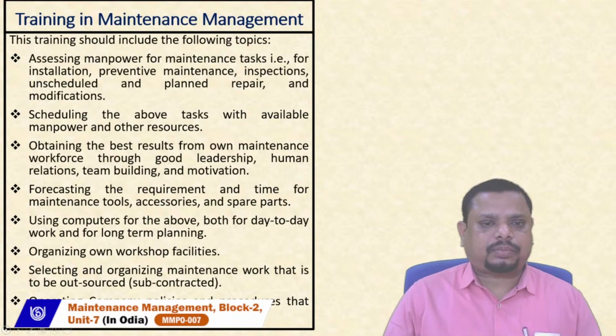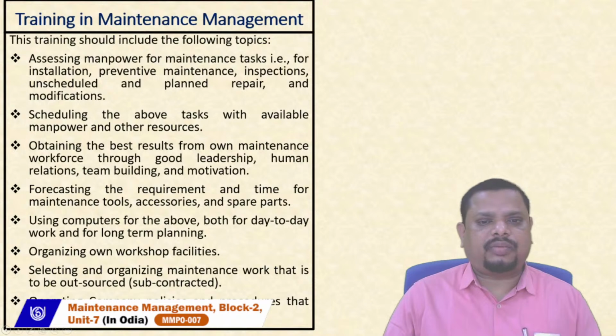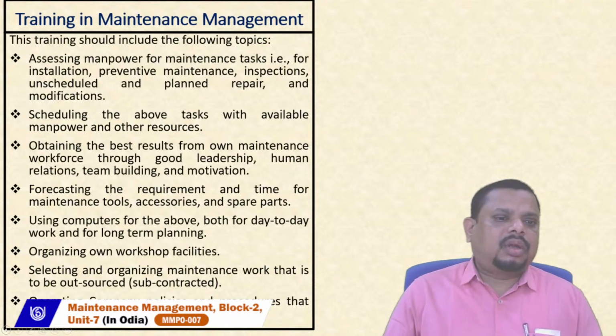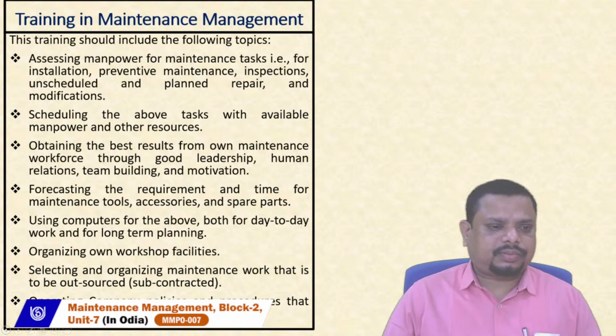Their duty and job responsibility basically involve installation of machines, providing preventive maintenance, regular inspections, on-schedule or planned repair maintenance, and if required, modification of machines and equipment. Moving to the next one, point number two is basically focused on scheduling the above tasks with available manpower and other resources.